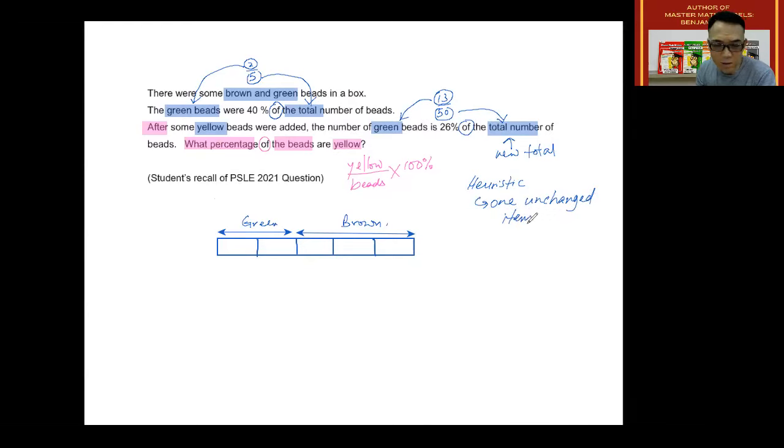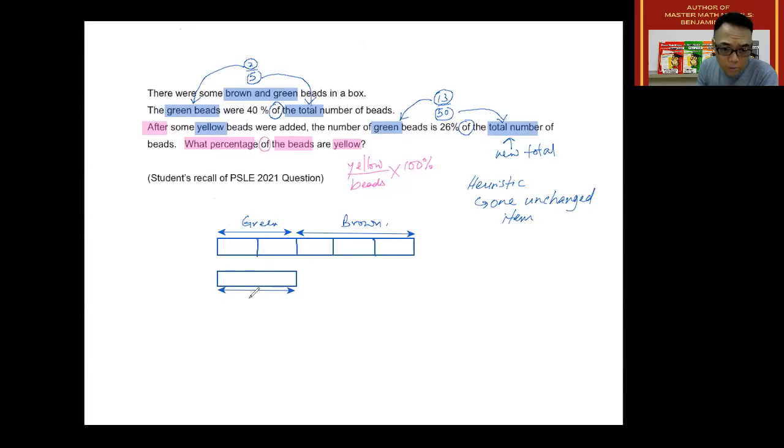Okay, either way, let's go on. So we are going to draw a new model to represent the green after, even though it has not changed. But what does not change is the size of the green model. As you can see, it is still the same size.